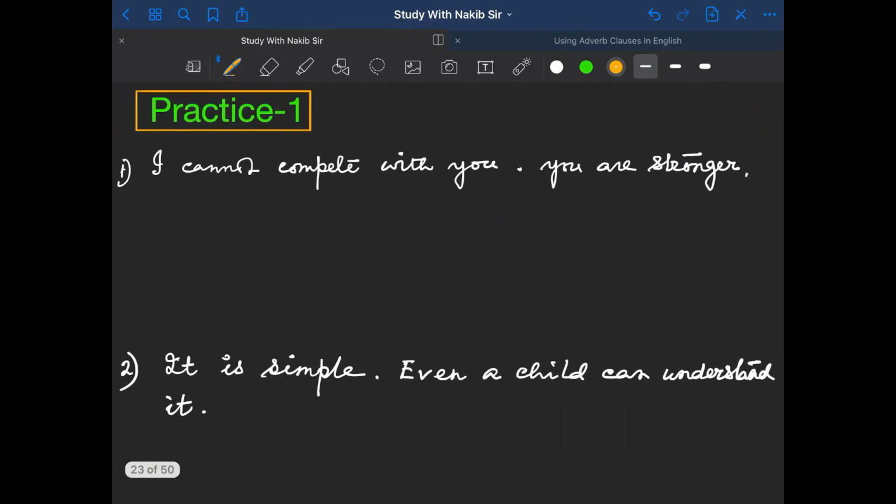Practice 1. Okay, in the practice sheet you know what to do. Copy the questions in your exercise books and pause the video. Do the work yourself and check your answer with my answer and discussions. Now practice 1. See the questions. Number 1: I cannot compete with you. You are stronger.